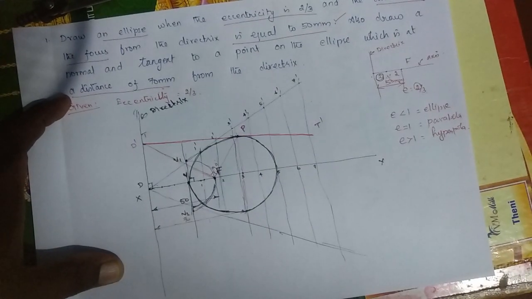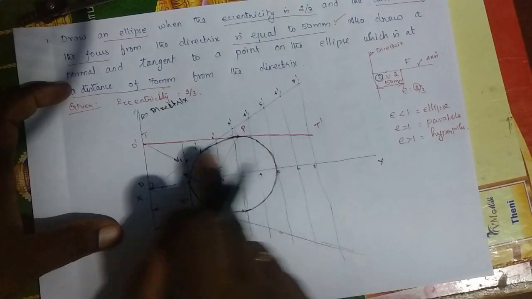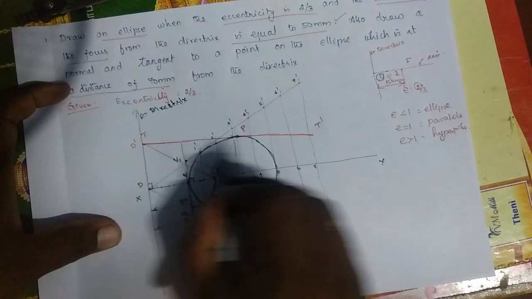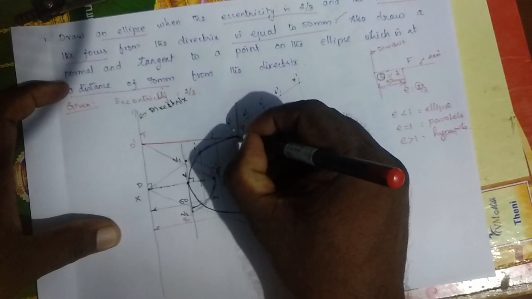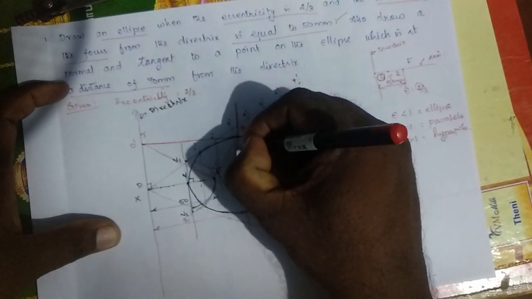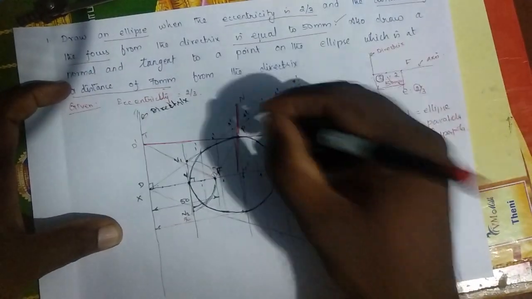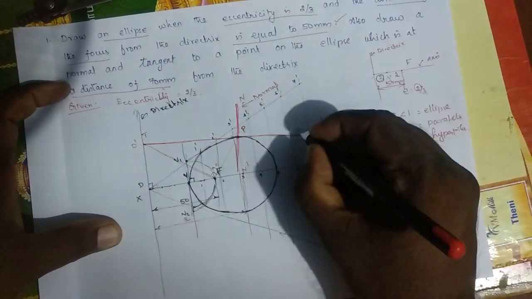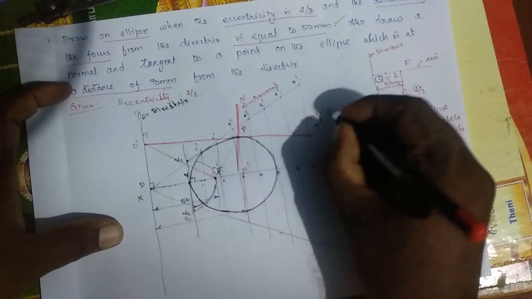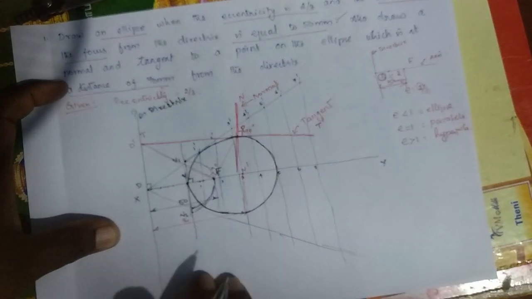Through this point P, just draw a perpendicular line, perpendicular to T dash. So this one is called N dash. So this is the normal and this one is the tangent. Okay, so this should be 90 degrees.